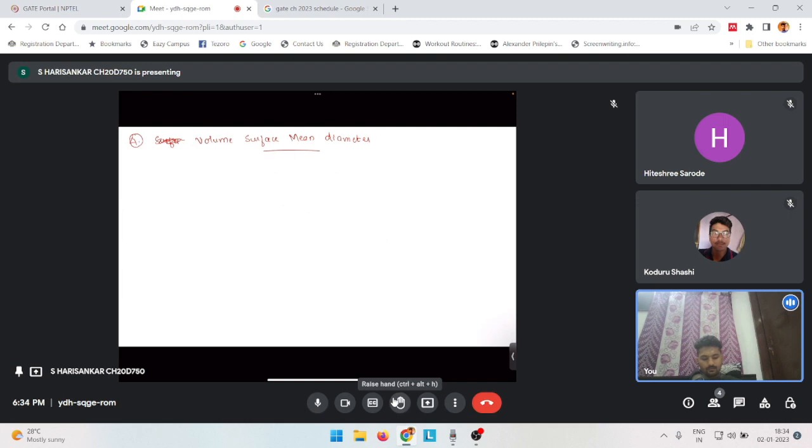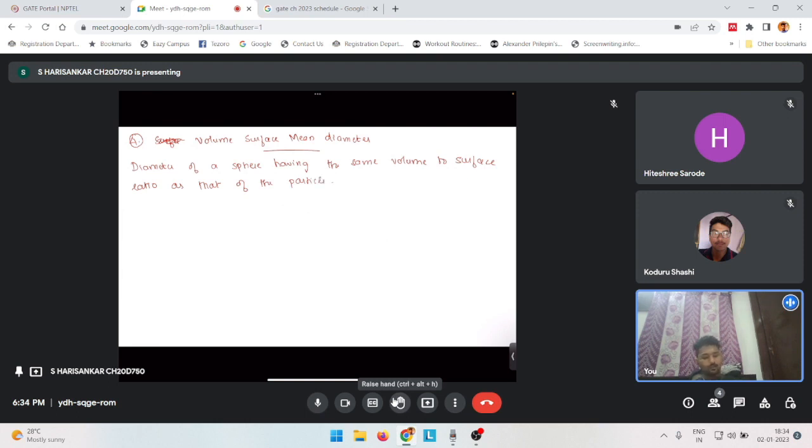So by definition, this volume surface mean diameter is that diameter of a sphere having the same volume to surface ratio as that of the particle.